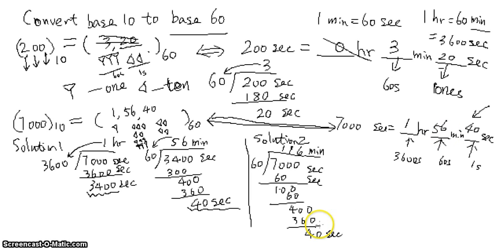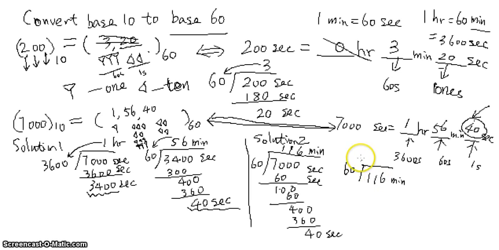So I will put 40 seconds right here in the last position. But I'm not going to put a 116 here, because 116 minutes apparently still contains 60. That is an hour. So this 116 right here represents minutes, does not represent seconds anymore.